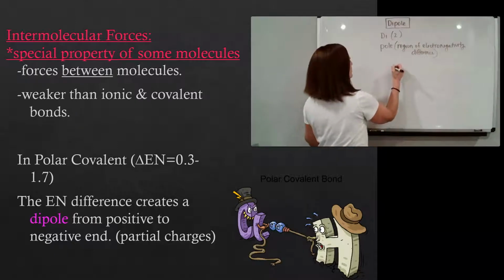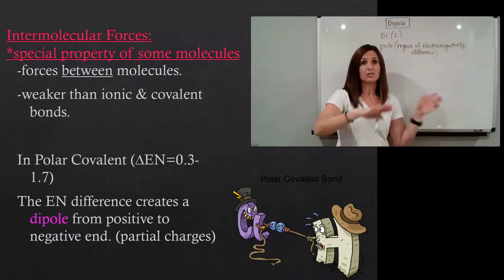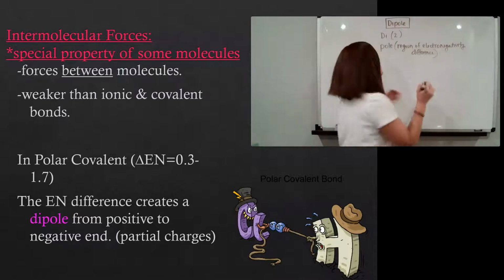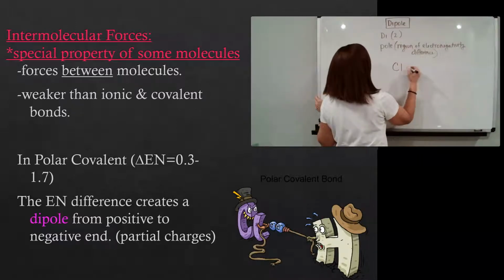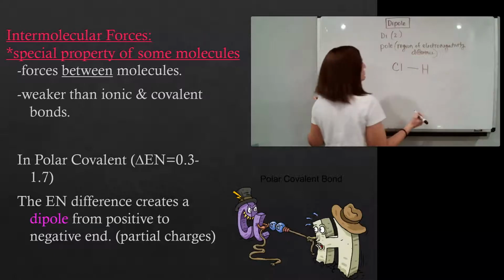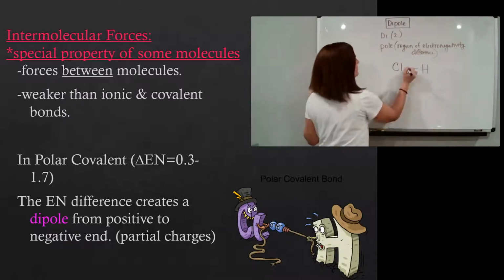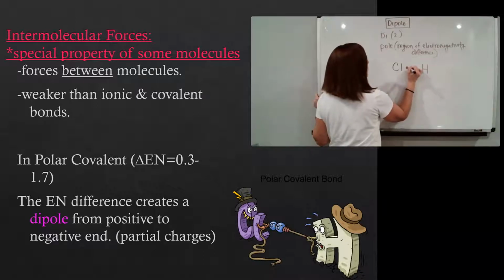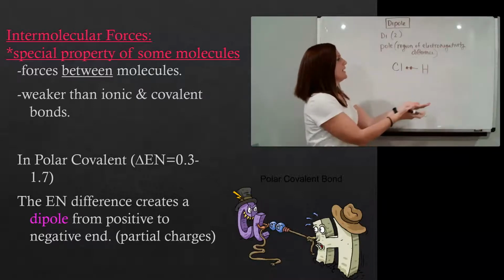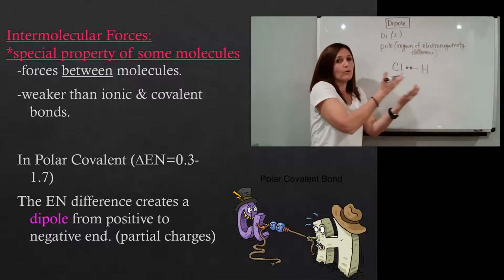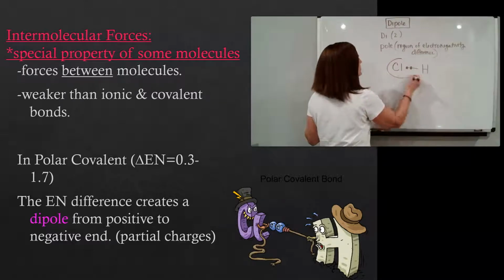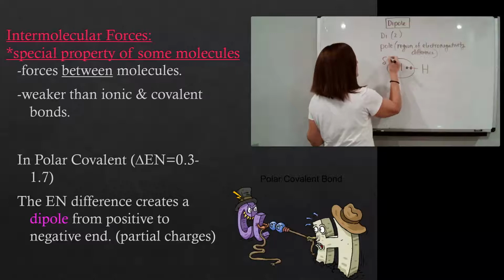So for example, if we look at the drawing that's on your slide right here between chlorine and hydrogen, if we have chlorine interacting with hydrogen, chlorine is the more electronegative atom, so it pulls the electrons over near it. And because the electrons are being pulled over to chlorine, that makes chlorine what we call partially negative.